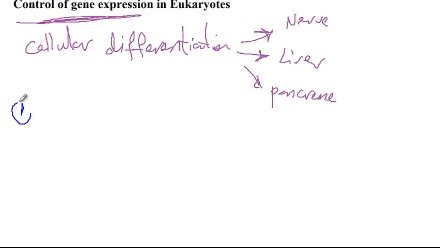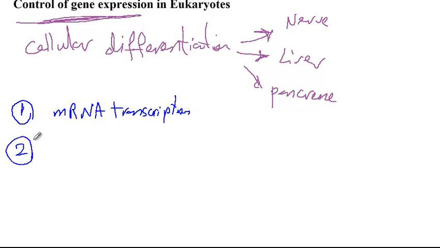Gene expression can be regulated at the level of mRNA transcription. We can interfere with gene expression at the level of post-transcriptional modification, or at the level of alternative splicing.